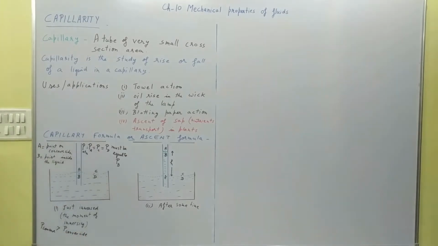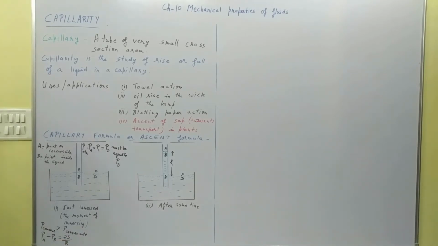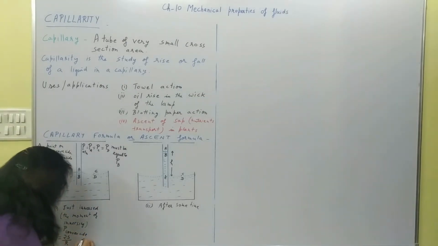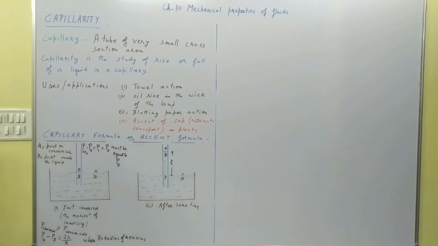So that means if we talk about pressure at A and pressure at B, the pressure at A minus pressure at B is equal to 2 times the surface tension upon the radius of the meniscus, where R is equal to radius of meniscus, right?